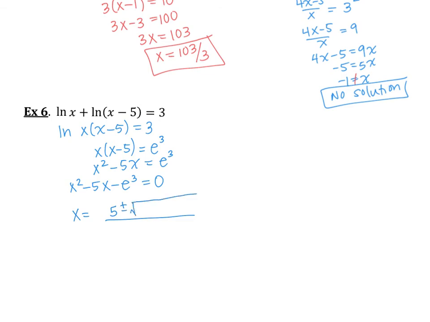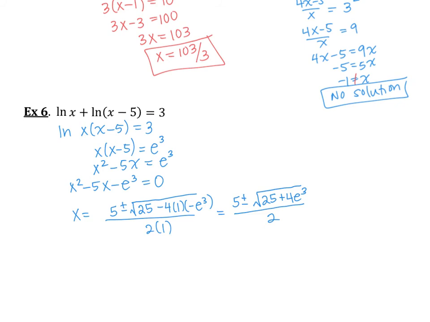Let's see, b squared is 25 minus 4 times a times c all over 2a. Okay, let me simplify this. Okay, for simplification, that's about the best I can do. That's a pretty nice answer.